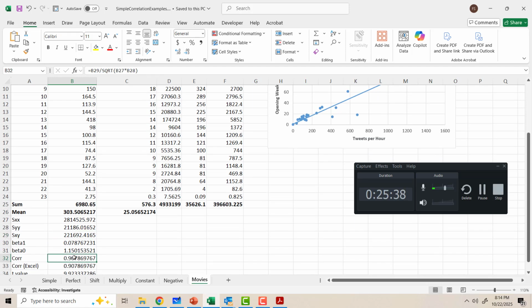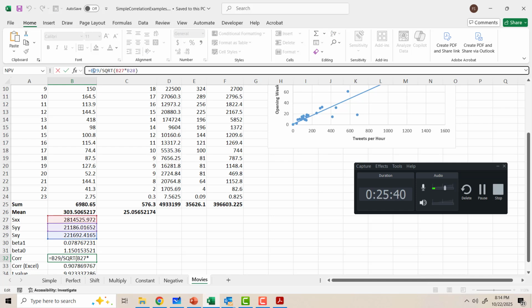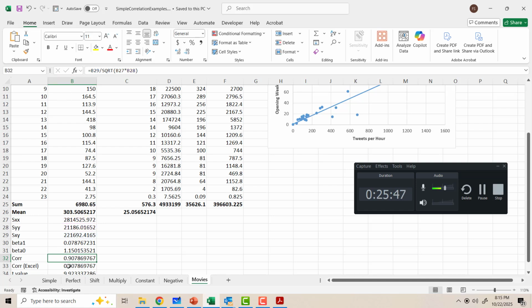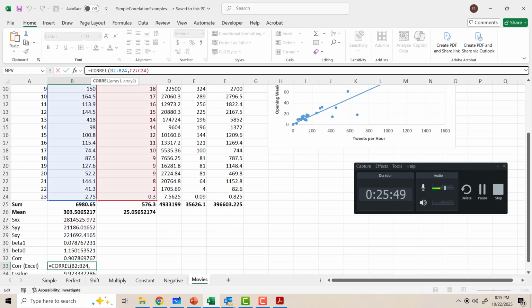So basically, for the correlation, I do sigma XY minus that, over the square root of sigma XX sigma YY. And funnily enough, I do a comparison. Excel has an easy way of doing it: Excel has a correlation function.